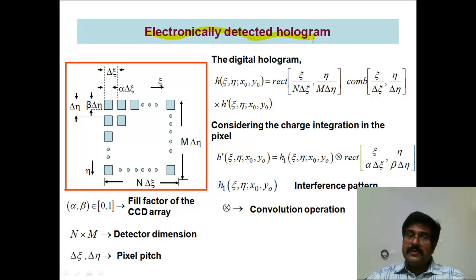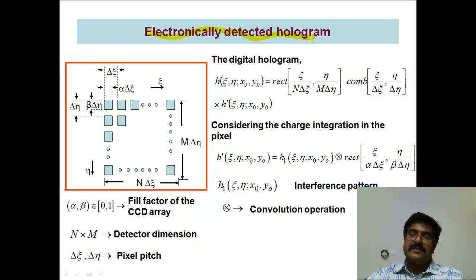When light falls on the CCD pixels, each pixel will do a charge integration and gives a number out. That will comprise a digital image, a real valued digital image in the computer, and can be stored.